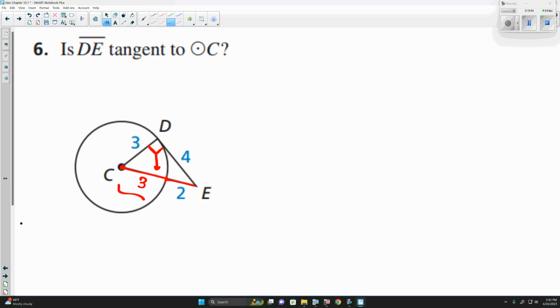So what is CE? And again, I included this one here just for that particular reason. It is indeed 3, 4, 5, where 5 is the hypotenuse and the other two sides are 3 and 4.